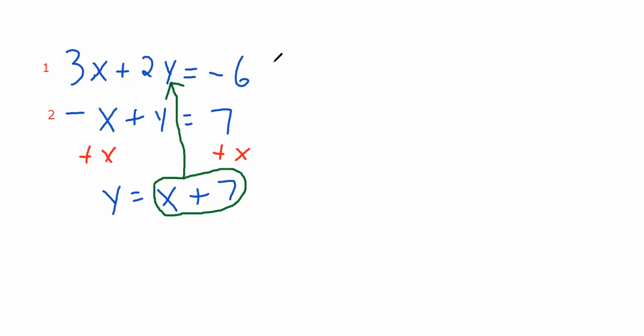So now I can look at equation 1 again. I'll have 3x plus 2 times y, which can be written as x plus 7, equals -6. And now that doesn't seem particularly profound, except that it is, because notice that equation 1 has now been transformed into something that only has the single variable x.